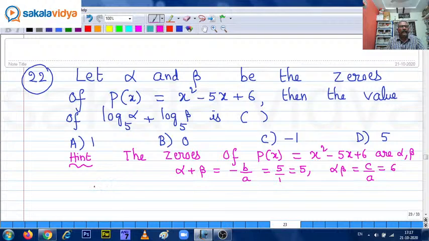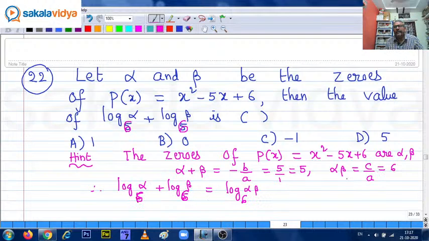But what we need to find out here? Log alpha to the base 5 plus log beta to the base 5. Using log x to the base a plus log y to the base a is log of xy, you can write log alpha beta to the base 6. You take base 6, change the problem. Alpha beta is equal to 6. Log 6 to the base 6 equals 1. Option A is the right option.